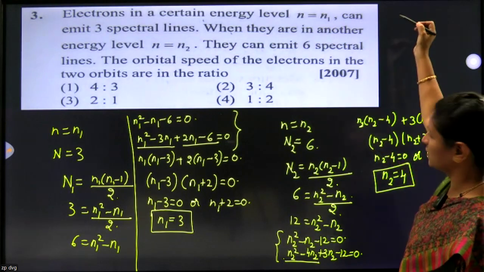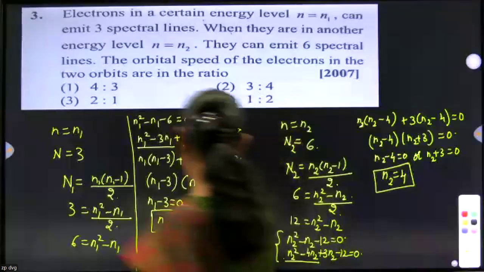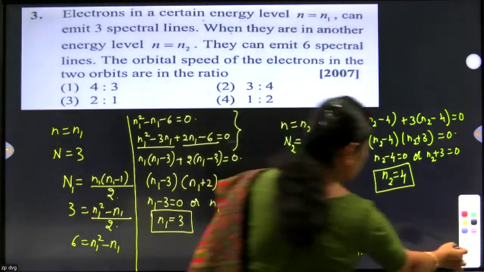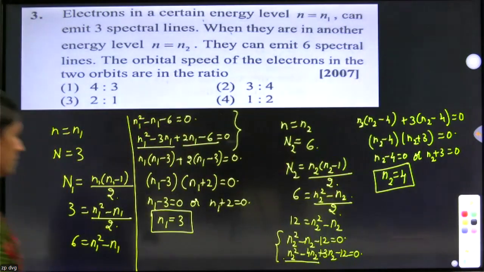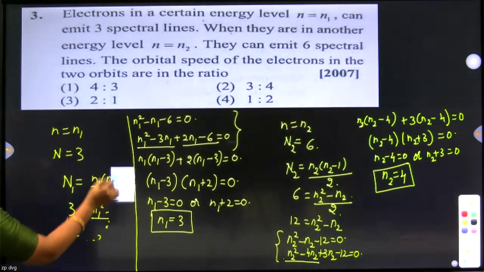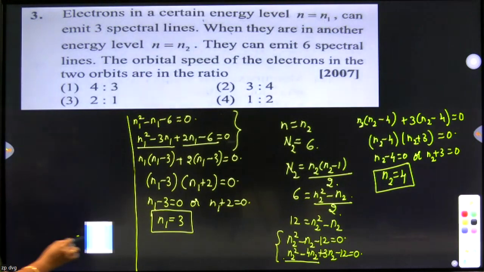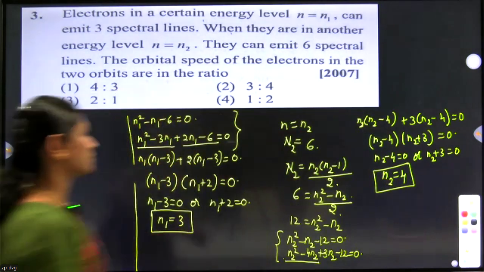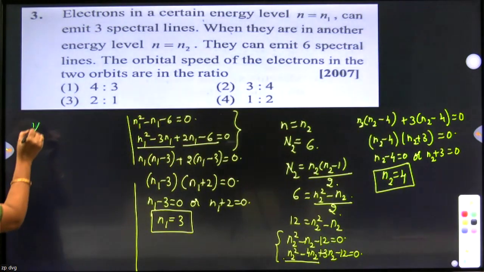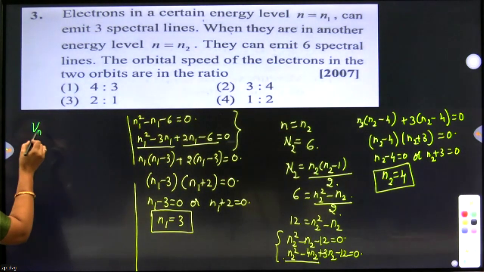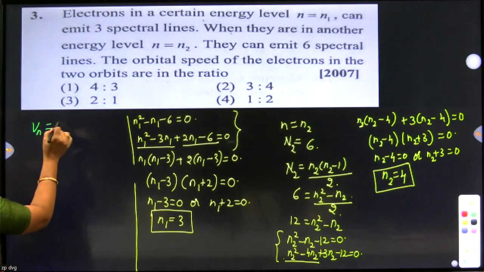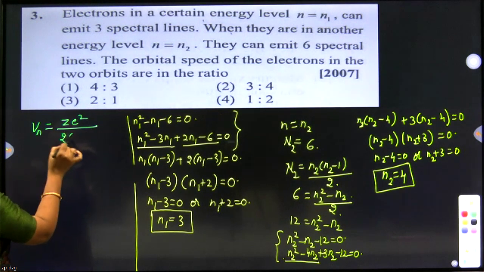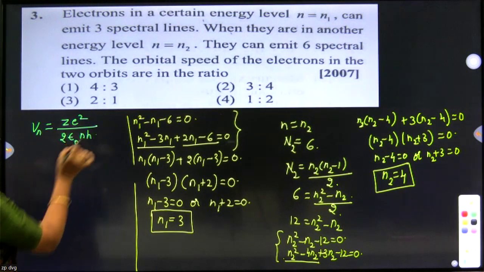We know that the velocity of electron in nth orbit is equal to Ze square by 2 epsilon naught n h.